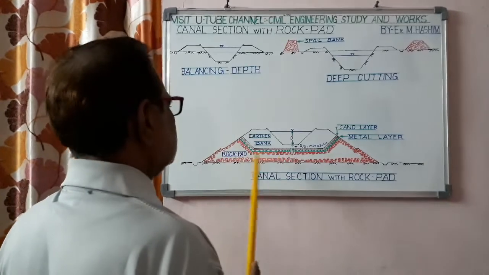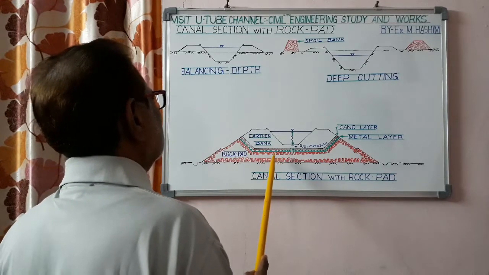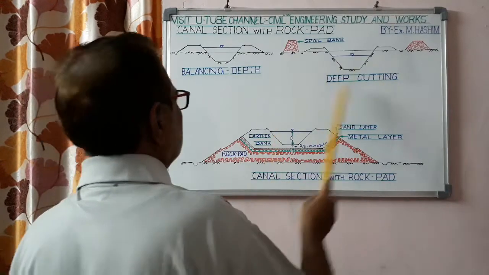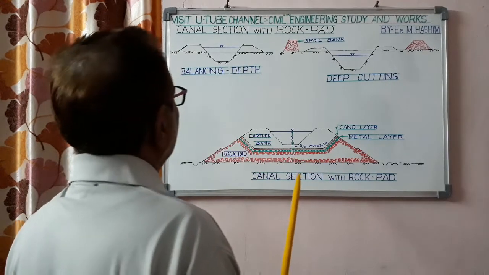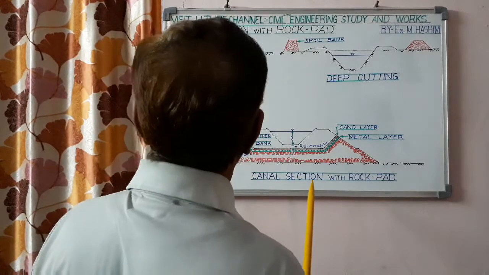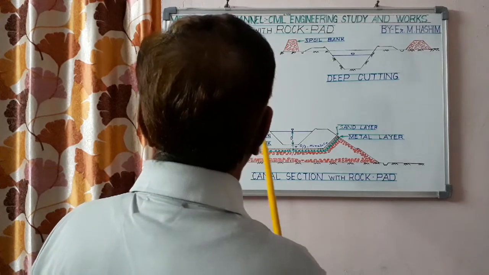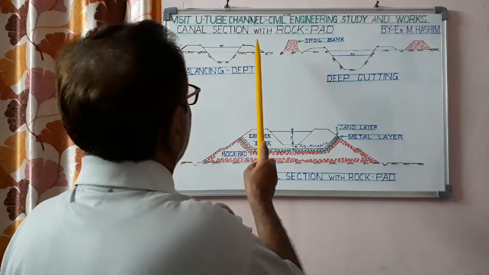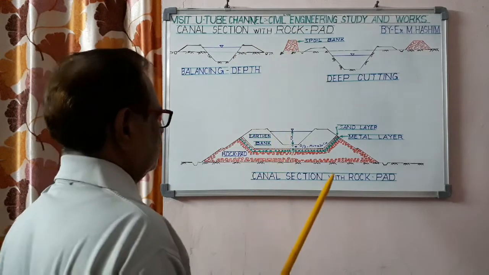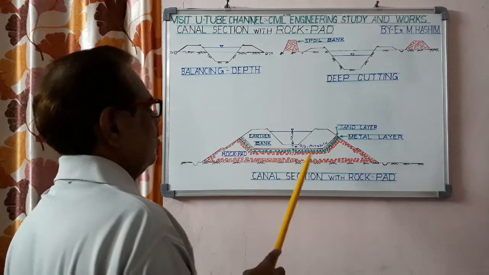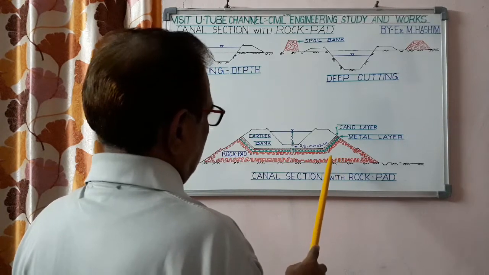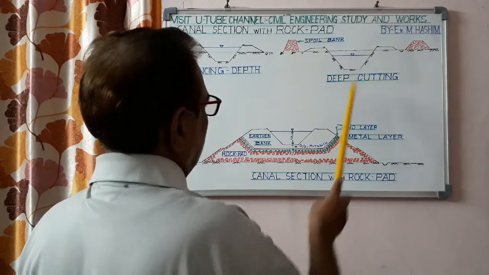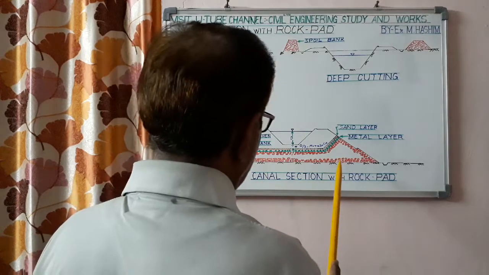And in filling reaches, these rocks can be used. This is what I am going to explain about canal construction with rock pad. If rock is used in the filling section, then this spoil additional land can be avoided.